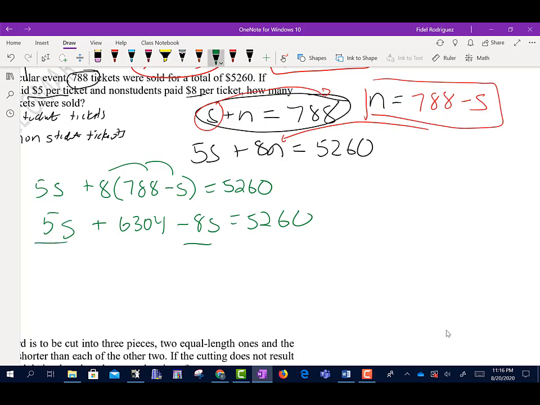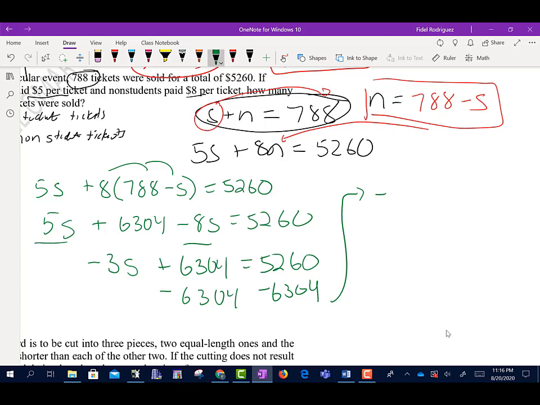Let's combine those together. 5 minus 8 would be a negative 3, right? Because I have $5 and I owe you 8. Plus 6304 equals 5260. Now let me minus my 6304 on both sides. So that's going to leave me with a negative 3S equals, I'm going to grab my calculator again.